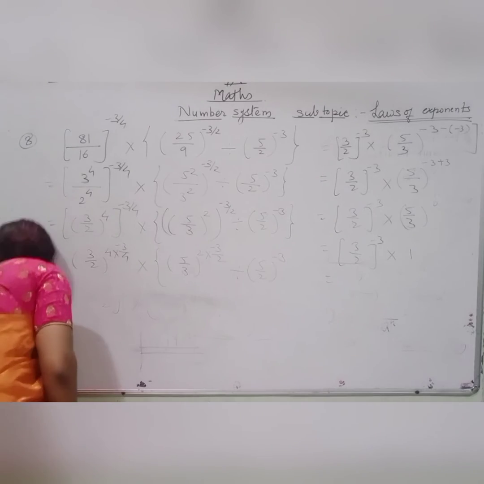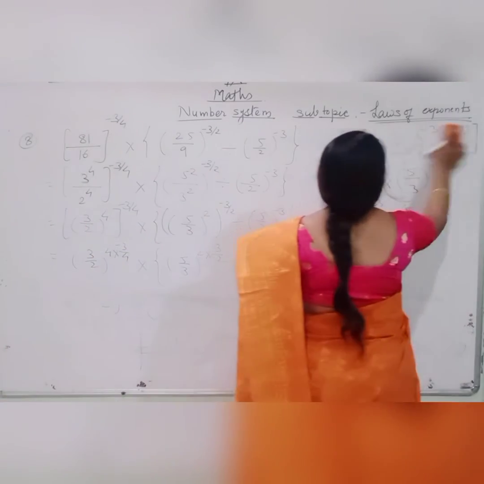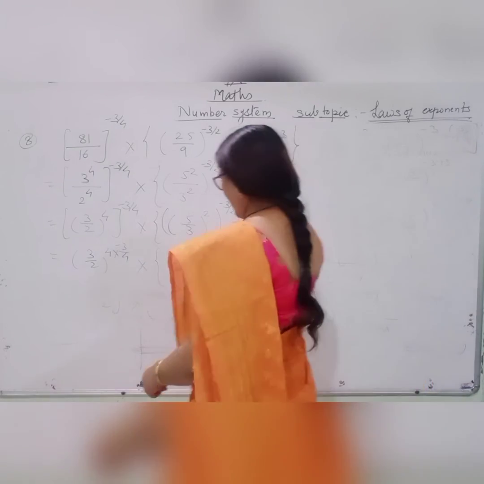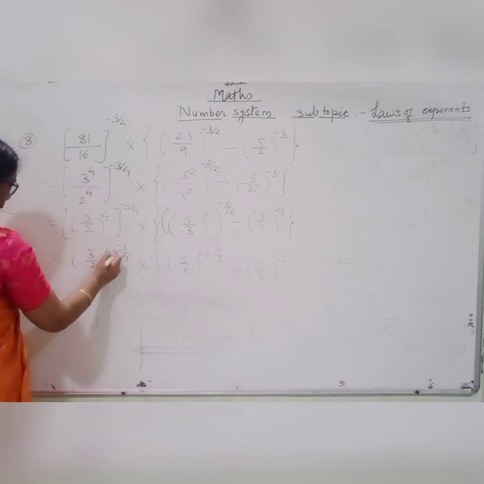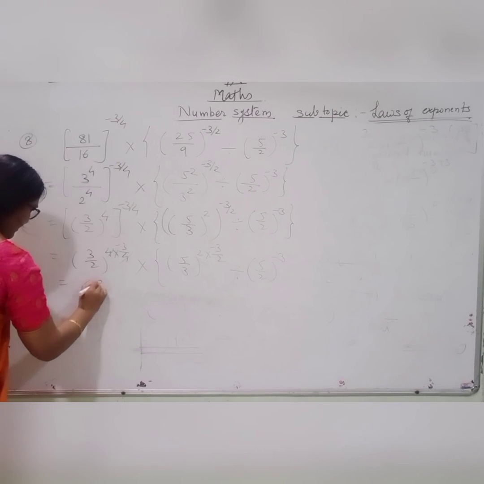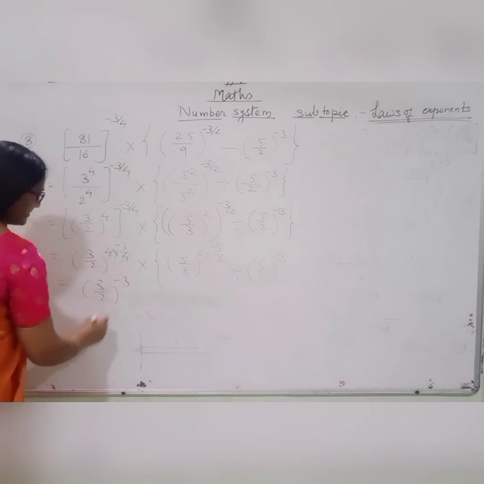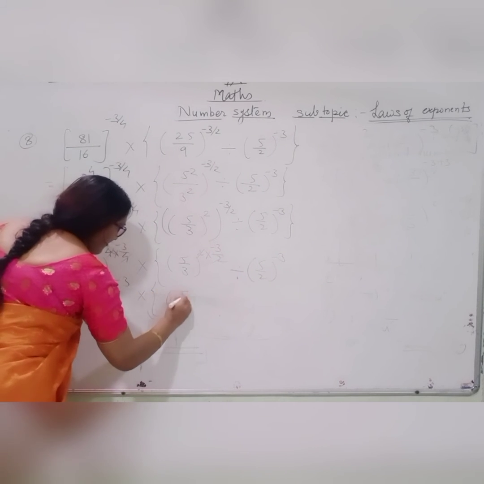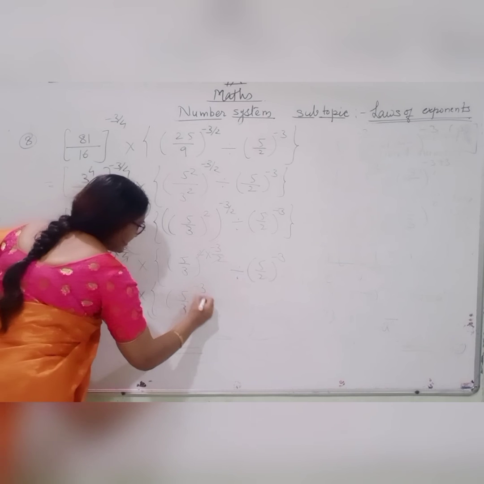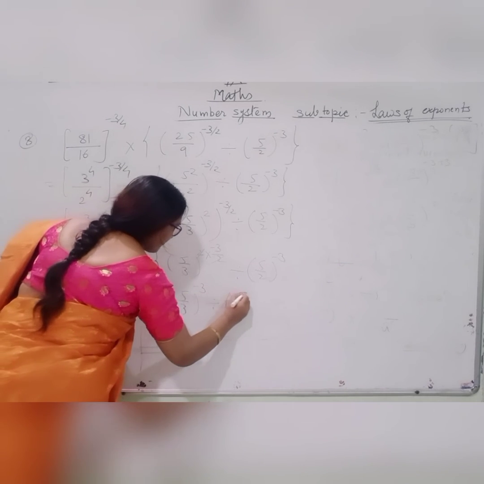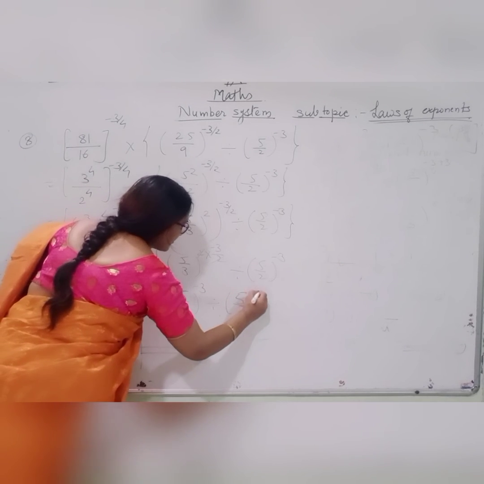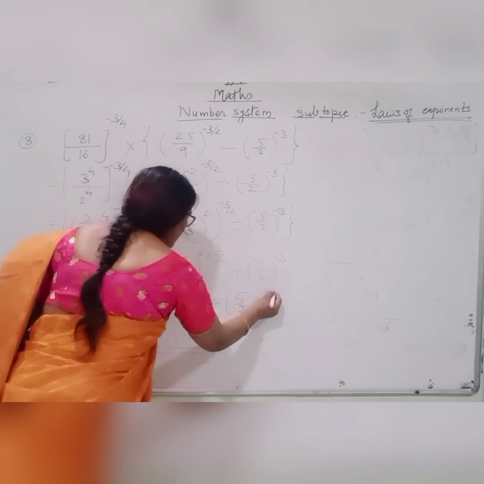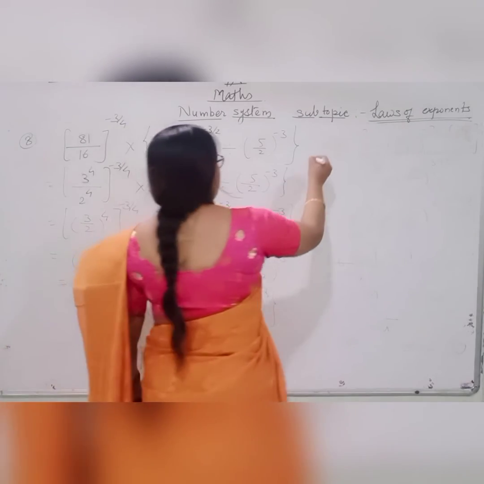Okay, so what is the next? 4 cancel, that is (3 by 2) raised to the power minus 3, multiplied by, here 2 cancel, (5 by 3) raised to the power minus 3, divided by (5 by 2) raised to the power minus 3. Okay, now bracket close.